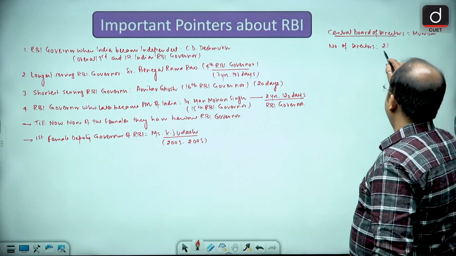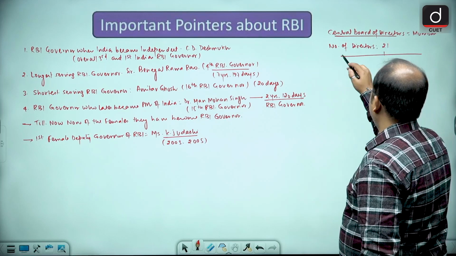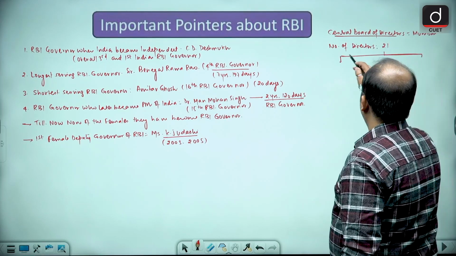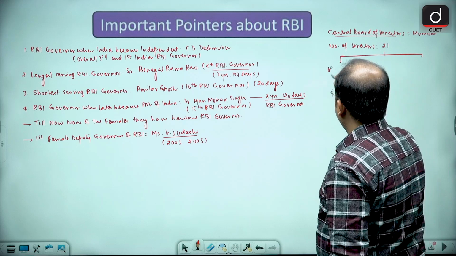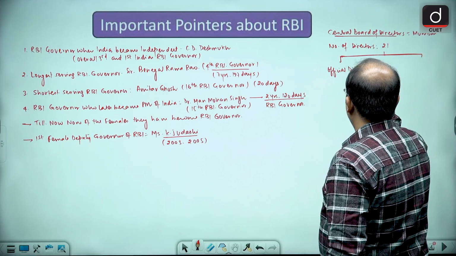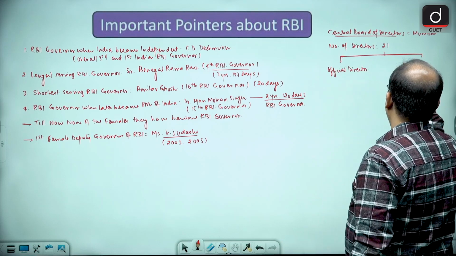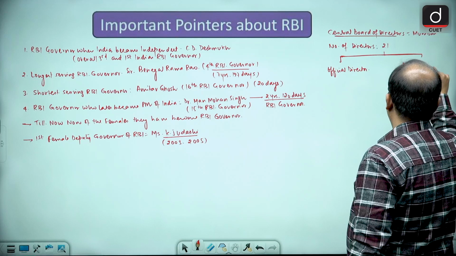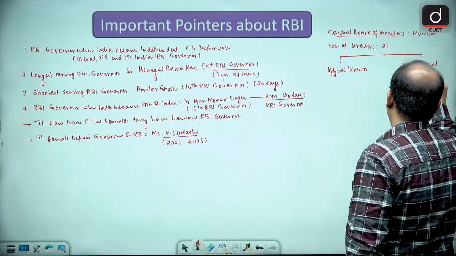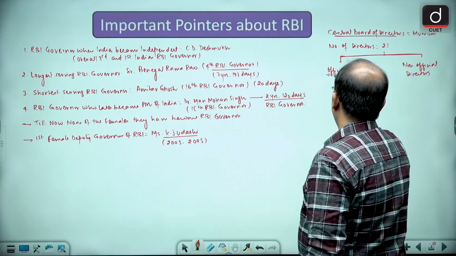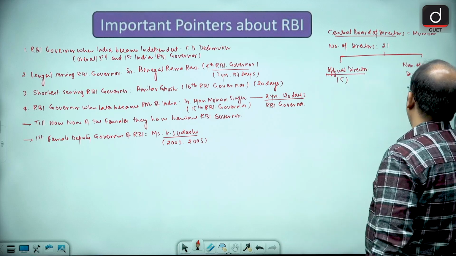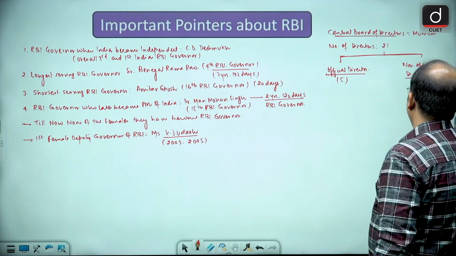If you see the 21 directors, they are divided into official directors and non-official directors. Official directors total 5 and non-official directors total 16.